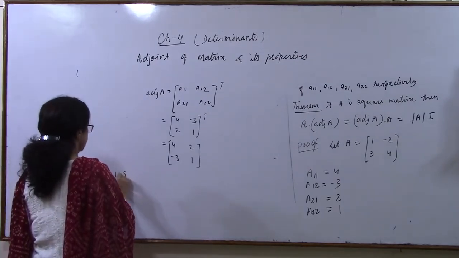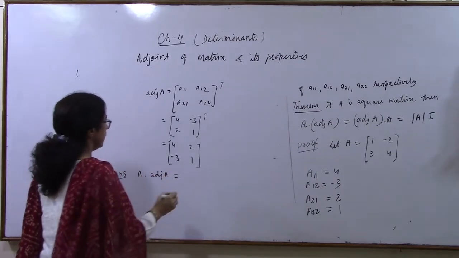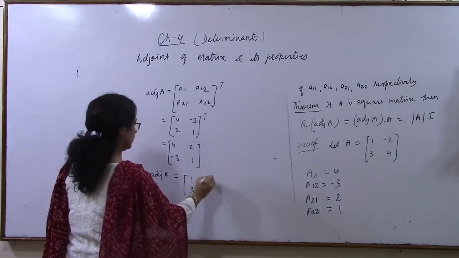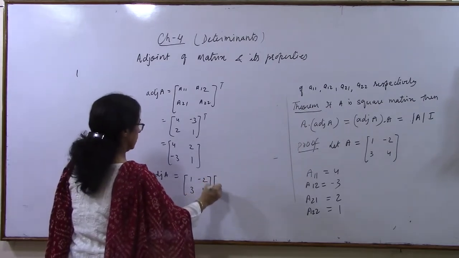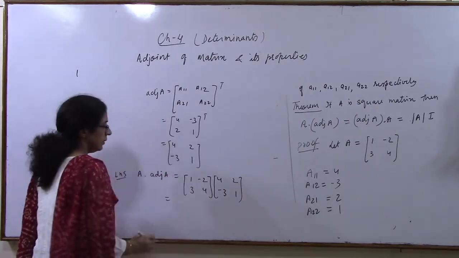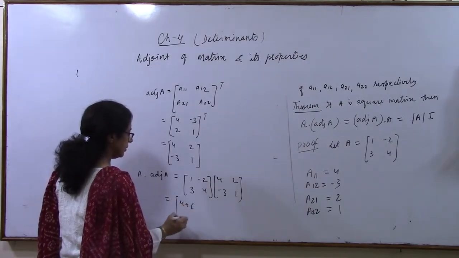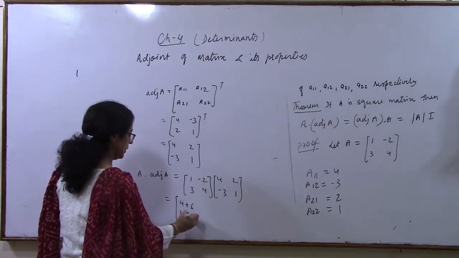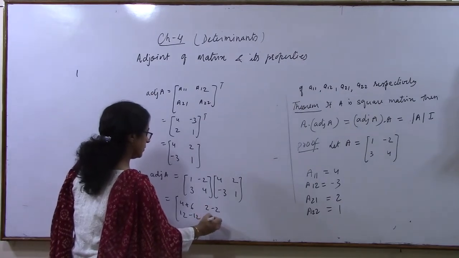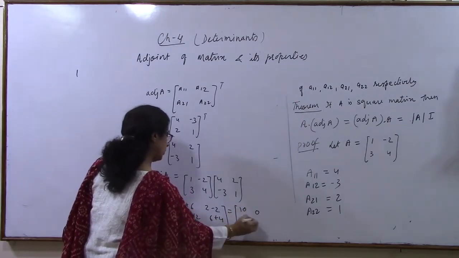Now the left hand side, A times adj A. A is [1 -2; 3 4] and the adjoint is [4 2; -3 1]. Multiplying, we have 4 plus 6, then 2 minus 2, then 12 minus 12, then 6 plus 4. That is [10 0; 0 10].